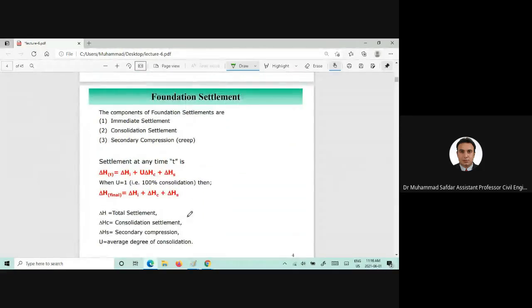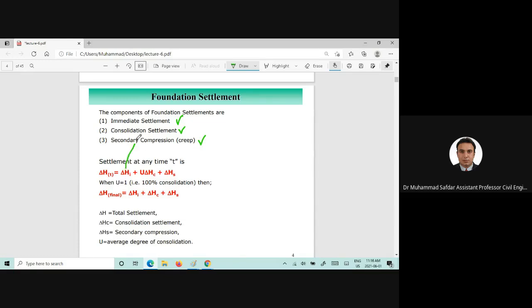Now we will refresh the concepts and ideas which we discussed a little bit in Geotech 2. Regarding the components of foundation settlement, if you remember, immediate settlement is one part of the total foundation settlement. Another is the consolidation settlement, and the third is the secondary compression or secondary settlement.